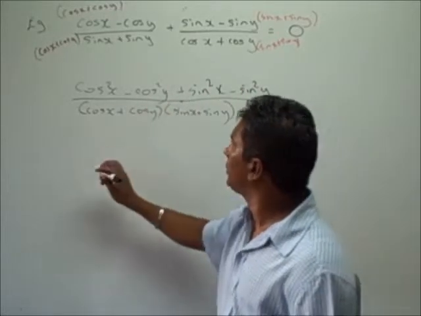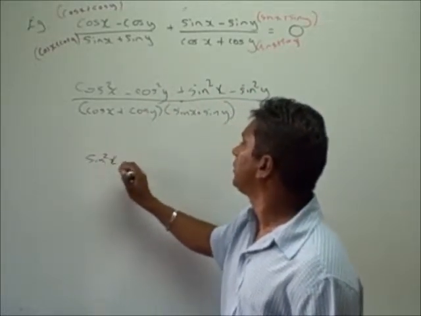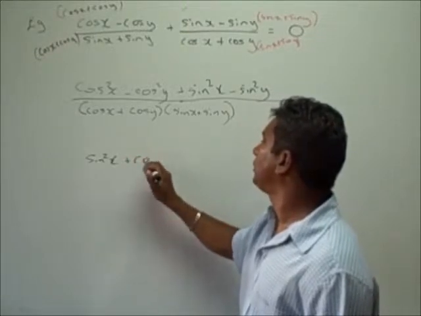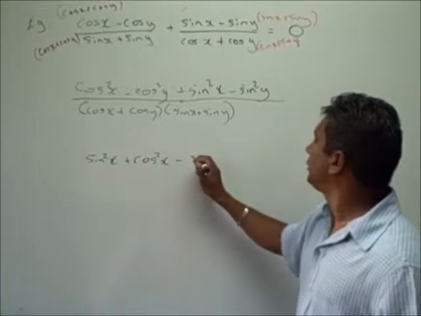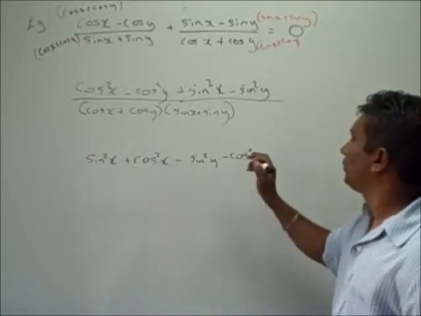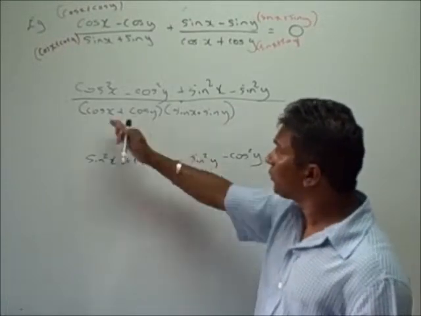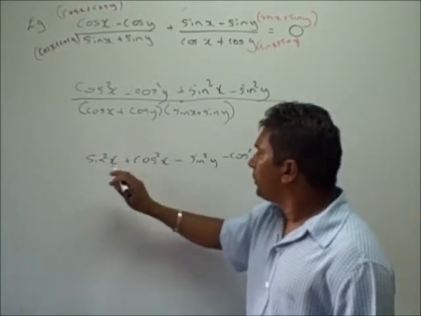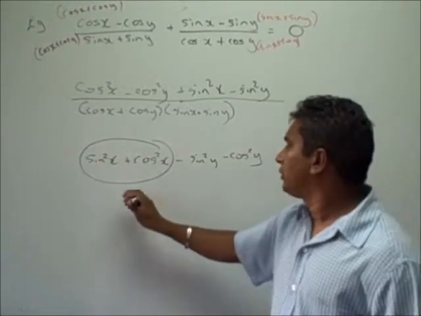Now if we rearrange the top, we have sine squared x plus cosine squared x minus sine squared y minus cosine squared y. We still have our denominator. If we still work with our numerator, we know that sine squared x plus cosine squared x is equal to 1.